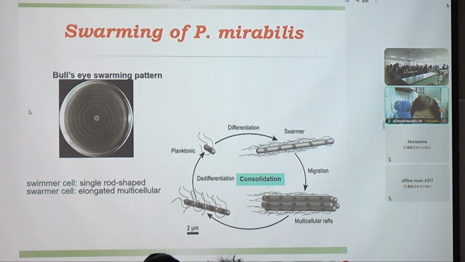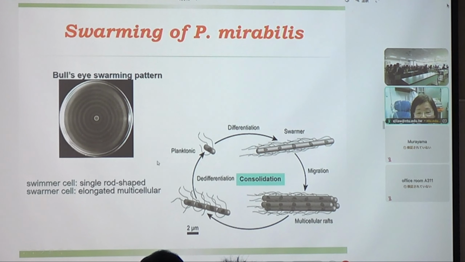Swarming is a cyclic process involving differentiation of single rod swimming cells into elongated multicellular swarmer cells, which start migration on a solid medium, and differentiation from swarmer cells back into the planktonic swimming cells. It's a process also called consolidation.